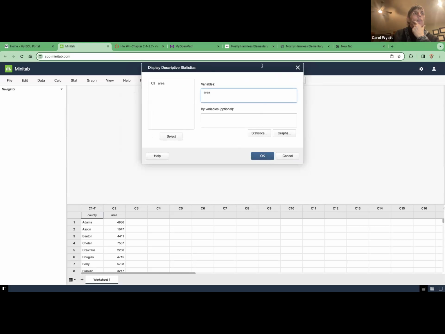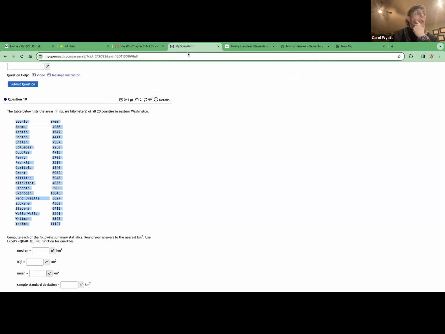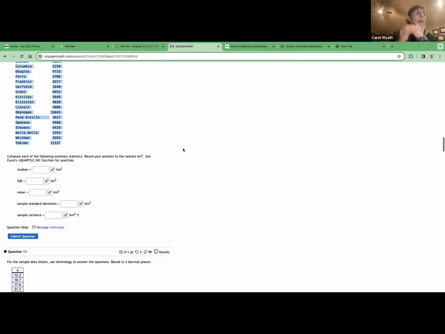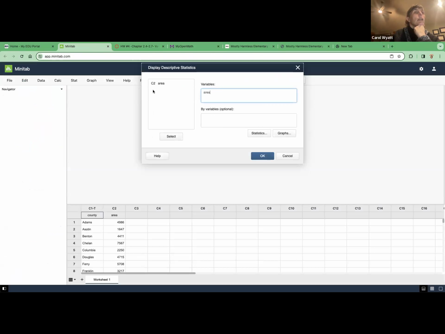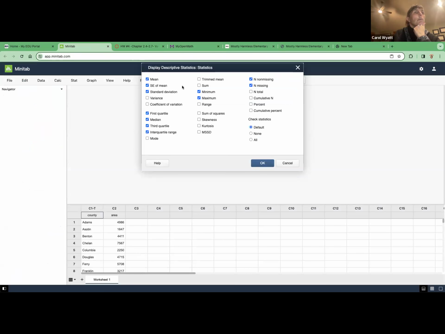Okay. Let's look over at my homework and see what I'm looking for. My median, my IQR, my mean, my standard deviation, my sample variance. So let's go back to Minitab and see what we got. My median, do I have that checked? Yep. My IQR, my standard deviation. I'm going to assume this is sample variance.